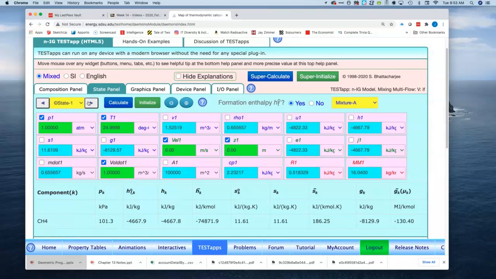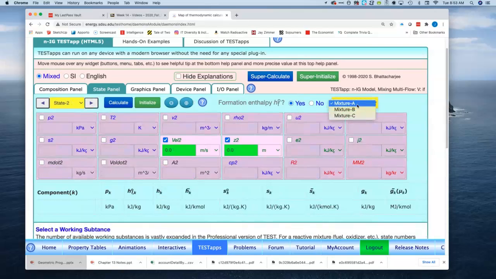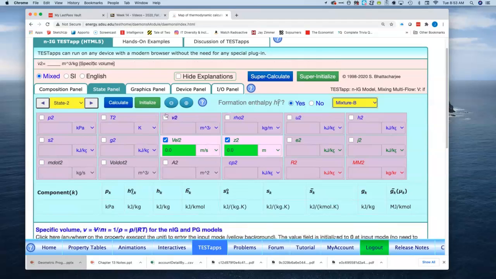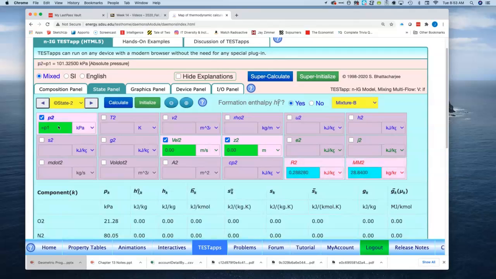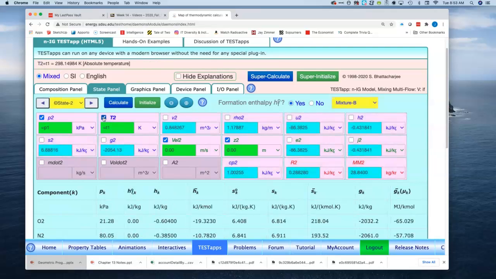Okay, so what is state 2? State 2 is mixture B. And mixture B is also at pressure 1, that is the 1 atmosphere. And we're going to allow the temperature to be temperature 1. So same temperature, same pressure. It doesn't have to be, but in this case, we're going to say the air is at the same temperature as the gaseous methane. And now we need to put in proportionally the amount of volume of the air.